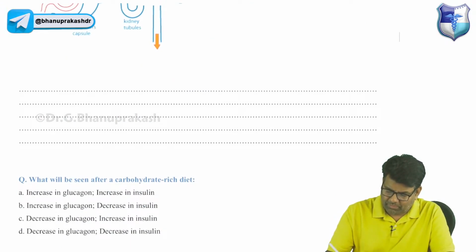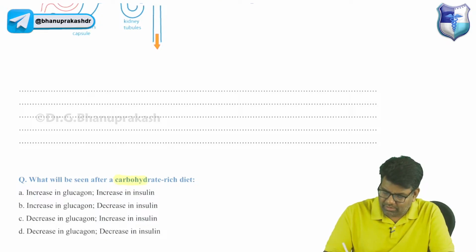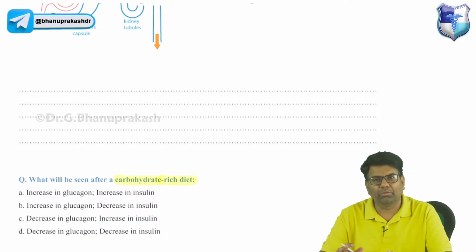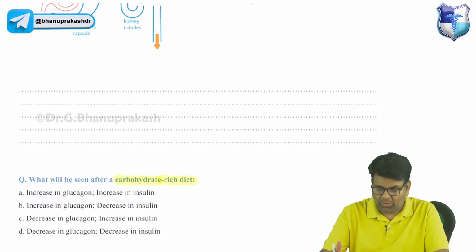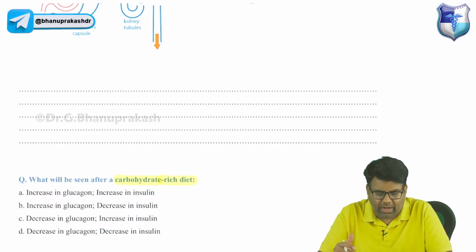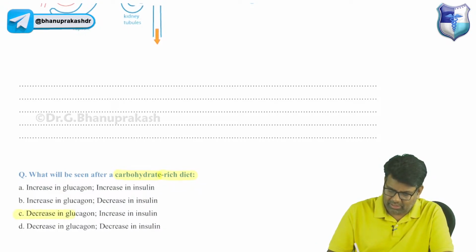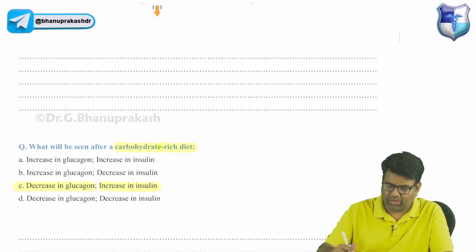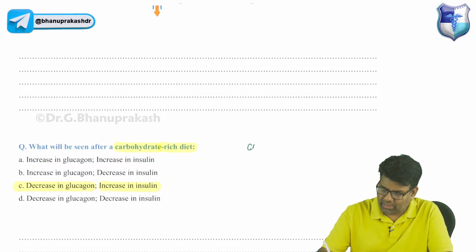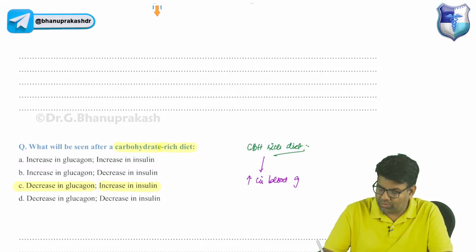Now, next question, if someone has taken a high carbohydrate diet, what will happen to the hormones which are concerned with the metabolism of glucose? So what will be seen after a carbohydrate rich diet? Yes, perfect. The answer is decrease in glucagon and increase in insulin. Now, if somebody is taking a carbohydrate rich diet, this will lead to an increase in blood glucose.